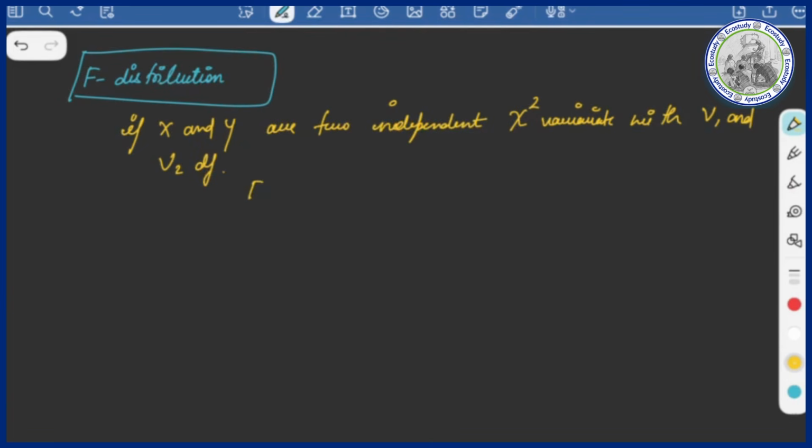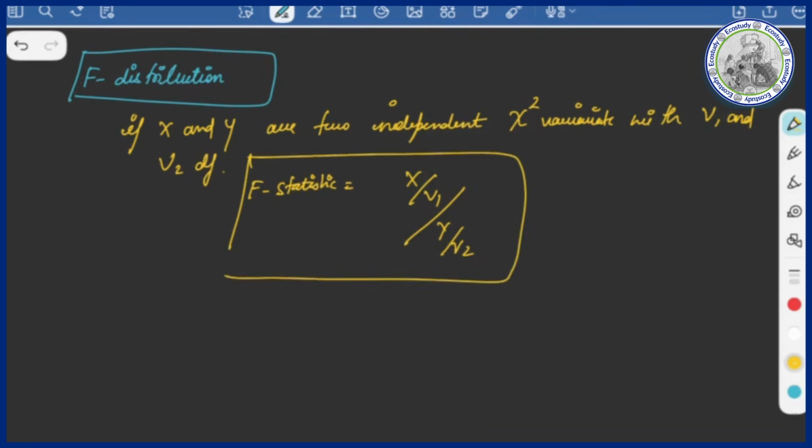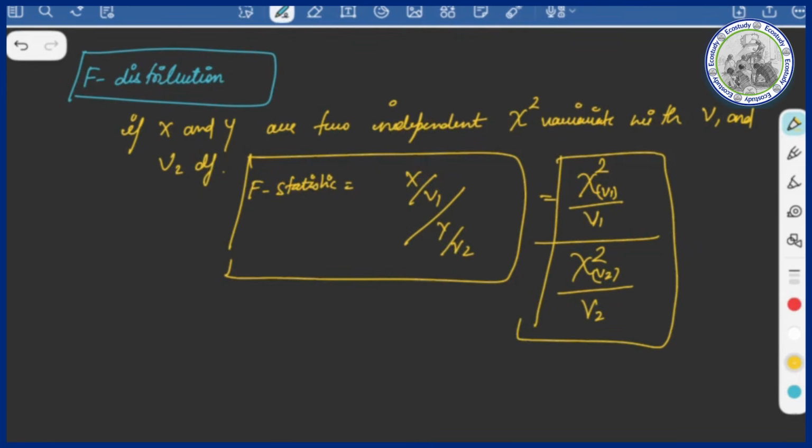Then the F statistic will be defined as x divided by v1, divided by y divided by v2. This is your F statistic. It means chi-square v1 divided by its v1 degrees of freedom, divided by chi-square v2 divided by its v2 degrees of freedom.